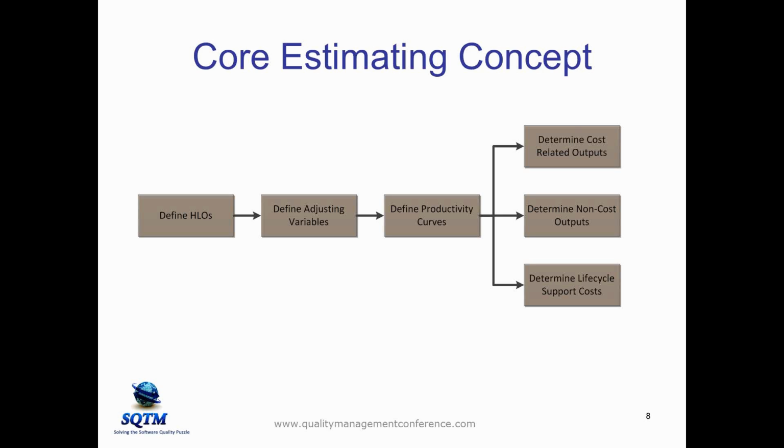And we can also now generate some other cost-related outputs. For example, we can use templates to generate a template project plan, which is basically an allocation of the effort to the various phases. We can use templates to generate a breakdown by role and by sub-role.